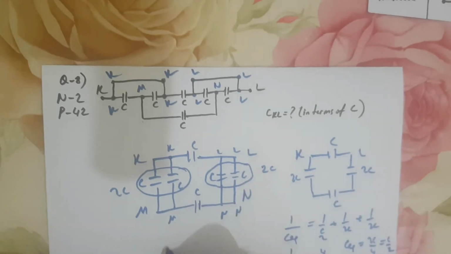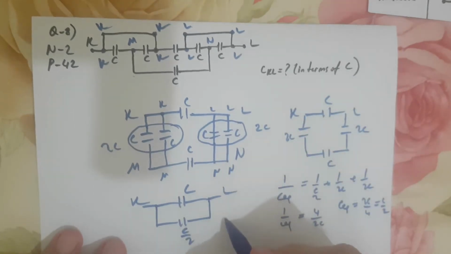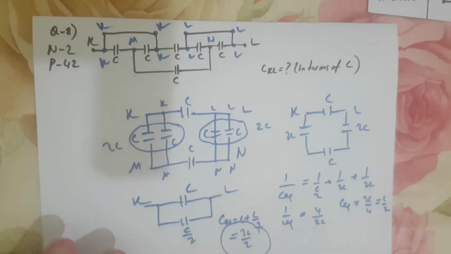So our new circuit becomes like that. This one is C, this one is C over 2. So C and then C over 2 becomes here CKL equal to the sum of this, 3C over 2, the answer. I hope you understand. So let's see the next question.